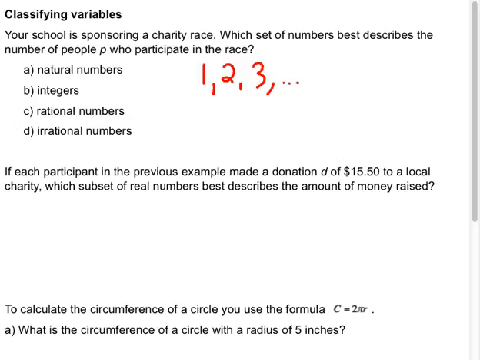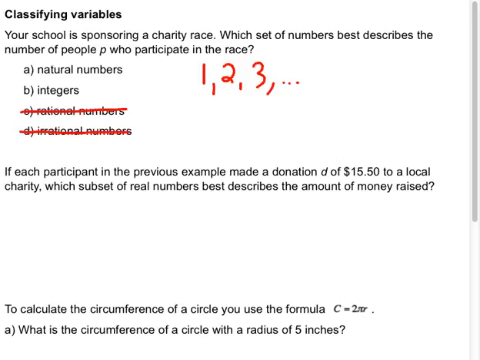So when you're dealing with a word situation, I would just kind of consider, well, what would make sense as a solution? Maybe list out a couple that would actually work. So let's look at some things that we don't want. So in letter C, rational numbers, we don't want fractional people, right? Irrational, again, we're not going to have decimals of people.